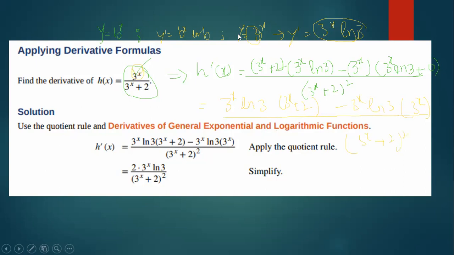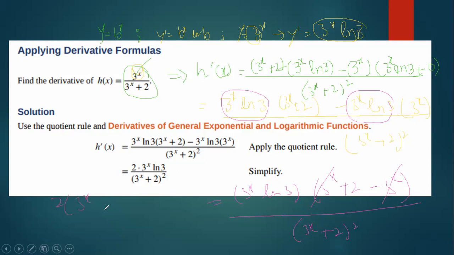Now taking 3^x log 3 as common, it will be 3^x log 3 times ((3^x + 2) minus 3^x), divided by (3^x + 2) whole square. This value and this value will cancel out, so it will be 2 times 3^x log 3 divided by (3^x + 2) whole square.